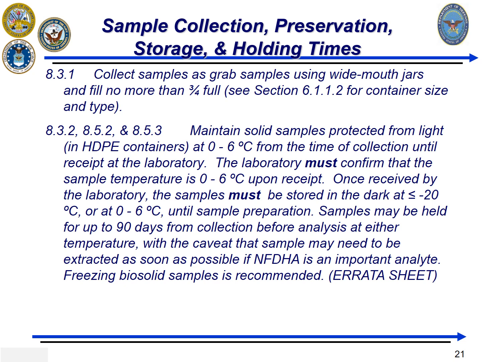Previously, it stated that samples must be stored at negative 20 degrees C or less. Samples may be held for up to 90 days from collection before analysis at either temperature range, with the caveat that samples may need to be extracted as soon as possible if NFDHA is an important analyte. Section 8.5.3 states that freezing biosolid samples is recommended due to off-gassing potential.